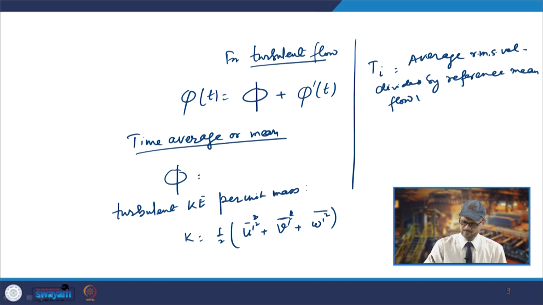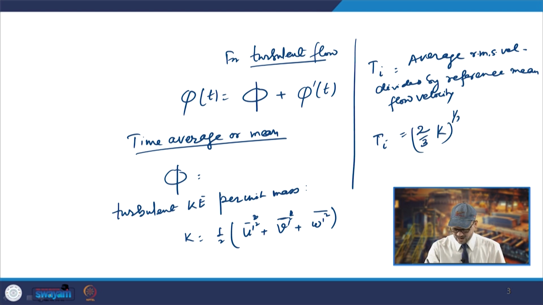If you take the reference mean flow velocity as u reference, you can derive it through this k. So TI will be the square root of 2 by 3 k, since it is half because you will have one velocity component, so you multiply by 2 by 3.